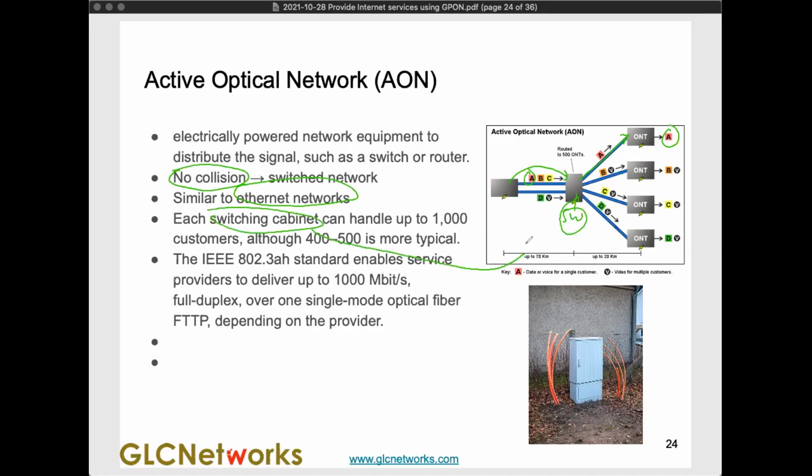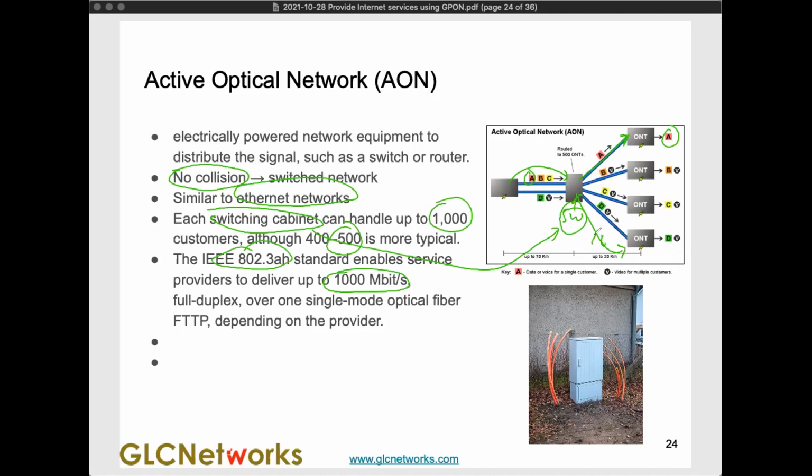It can handle up to 1,000. So the capacity is very high, or a typical is 500, 400. From there it can deliver a service up to 1 gigabit per second to the ONT here.